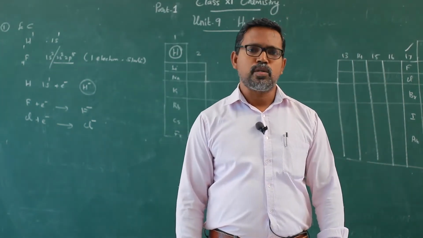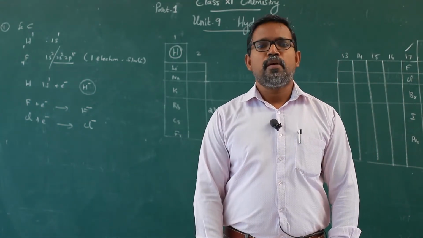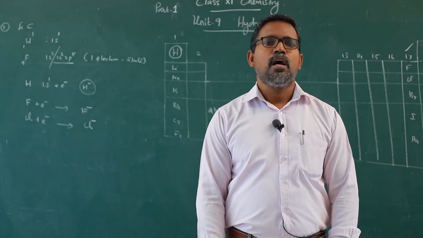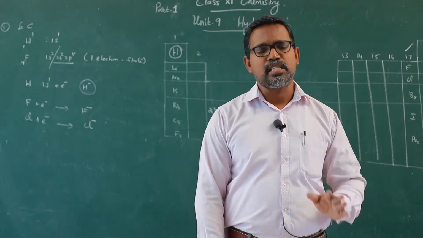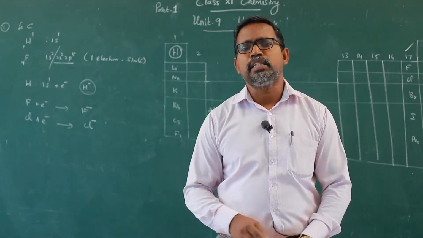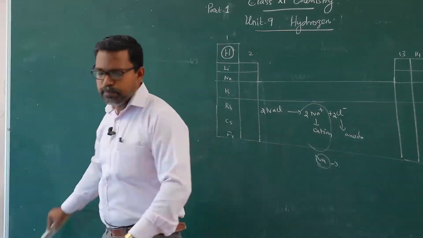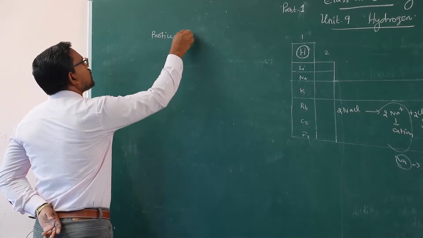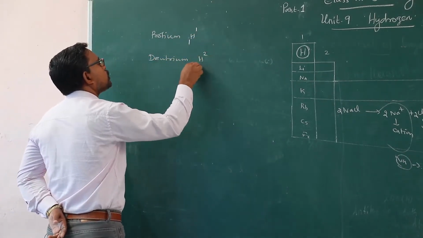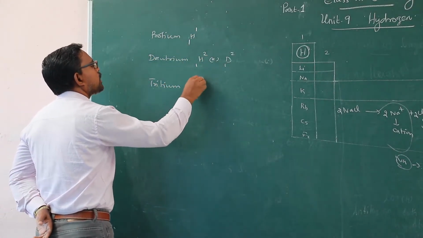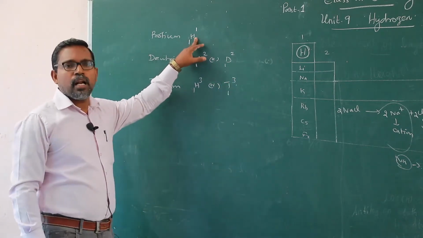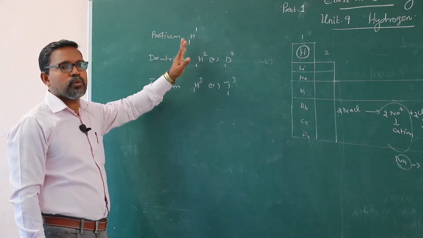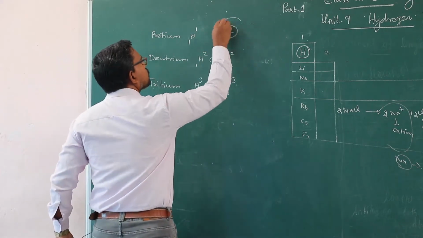And the next is ionization enthalpy. We know that ionization energy increases from left to right. Hydrogen is the first element, and it shows somewhat lower ionization energy when compared with the halogen family.